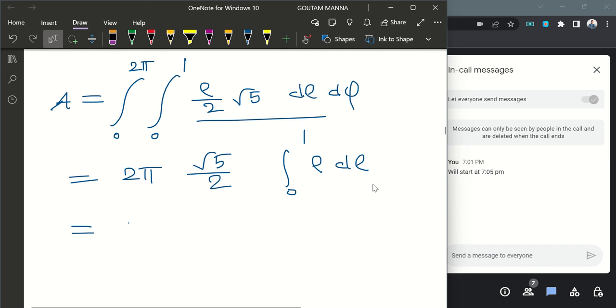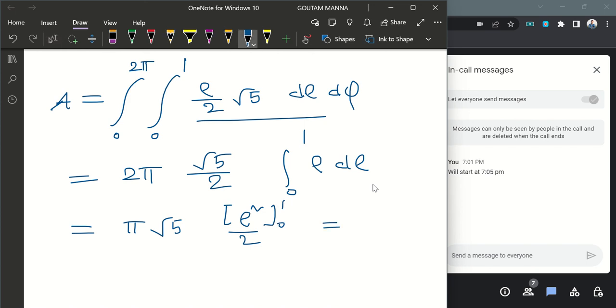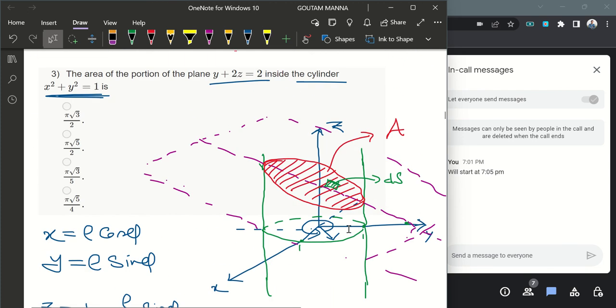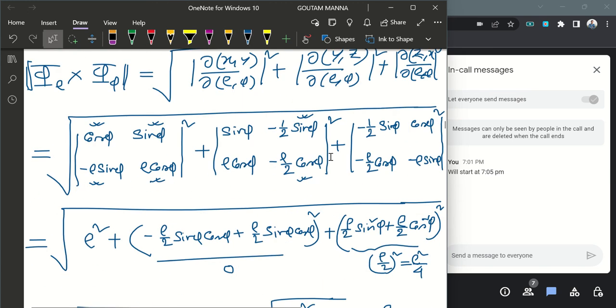So it is pi times root 5, and if you do the integration, it will be rho square by 2 with lower limit 0, upper limit 1. If we put the limit, it will be half. So then we basically have root 5 by 2 times pi. So that's the area of this elliptical region. So the second option, pi times root 5 by 2.